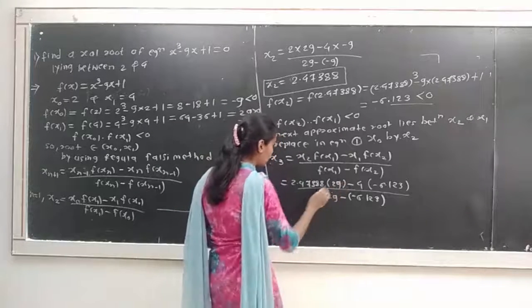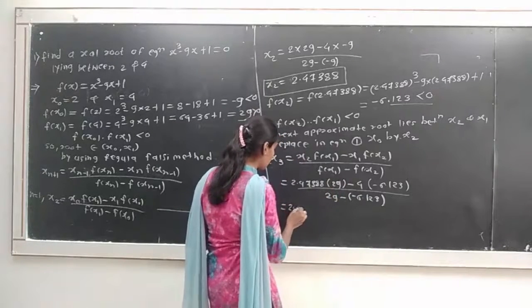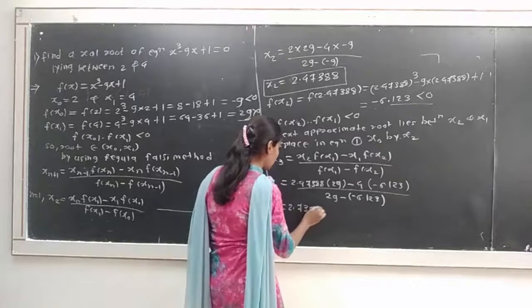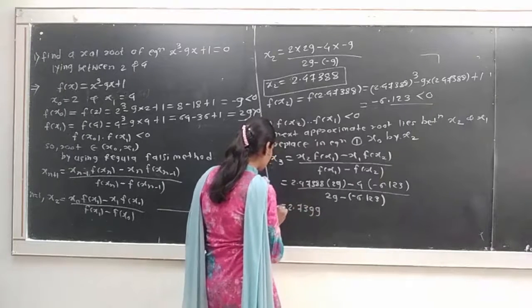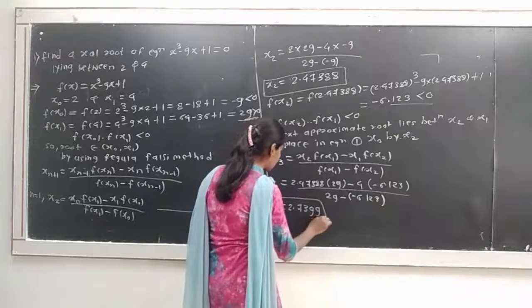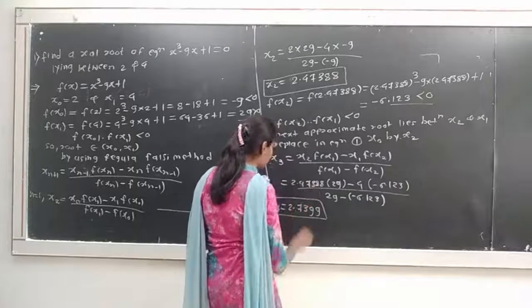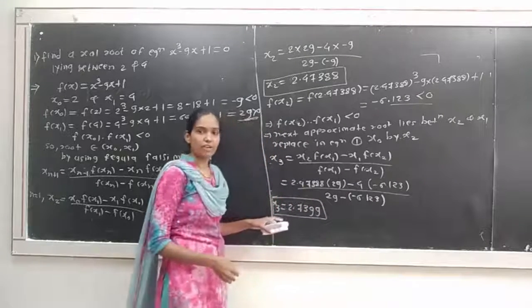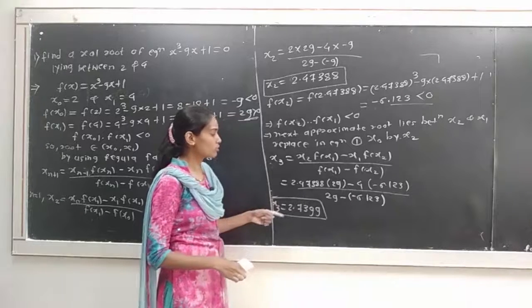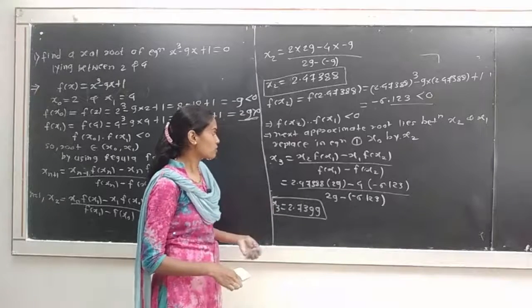By taking this calculation we get the value 2.7399, the next approximate root, that is x3. In this way we can find the next approximations.